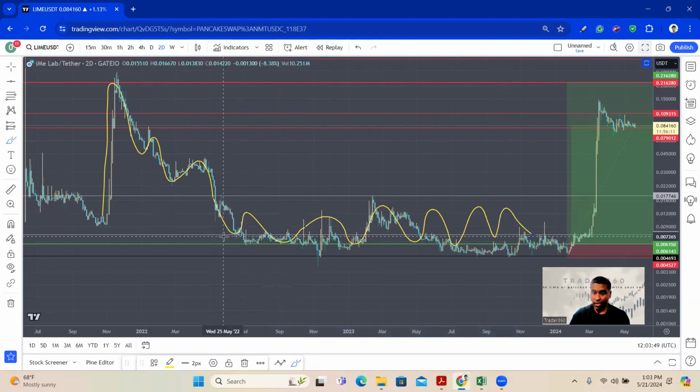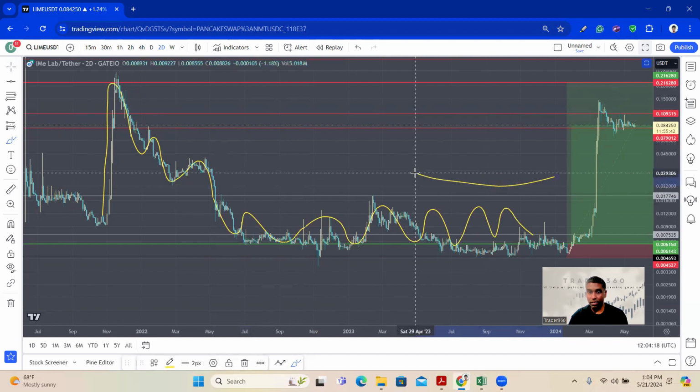The low was here, 0.0058, and for how long did it happen? From June 2022 until January 2024, almost 2 years. If I consider March here, almost 2 years the price was here and ranging.